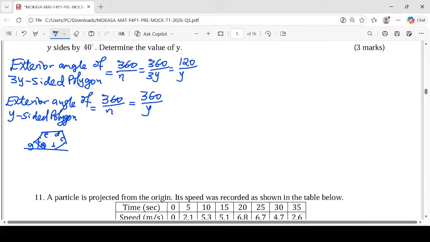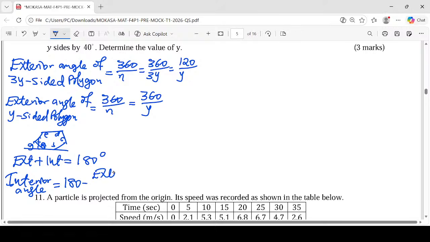Then it means exterior angle plus interior angle should give 180 degrees. That means we should be learning something. If I want to get the interior angle of any polygon, I'm going to take 180 minus its corresponding exterior angle. That is what the statement means.